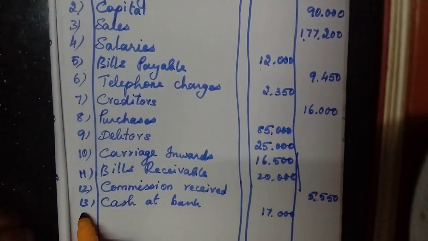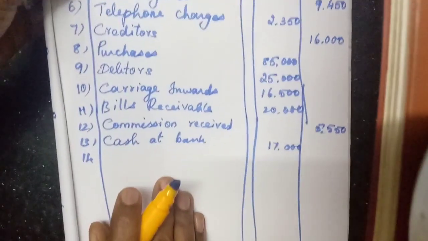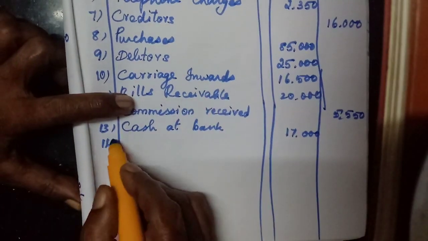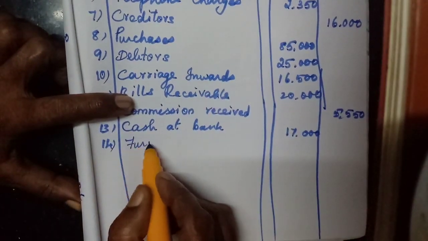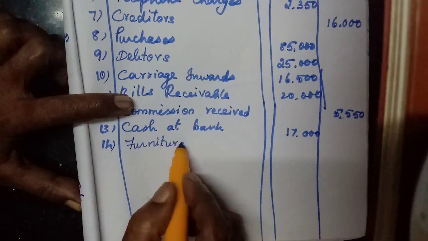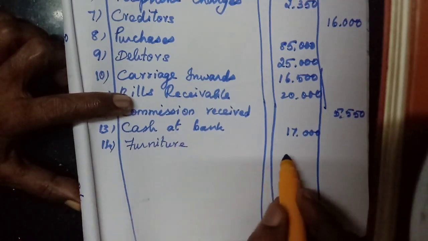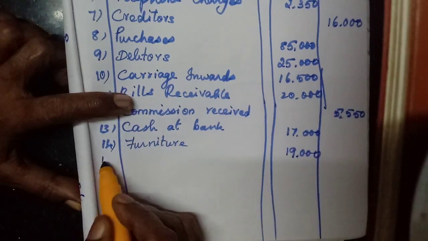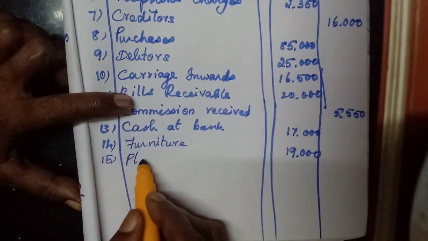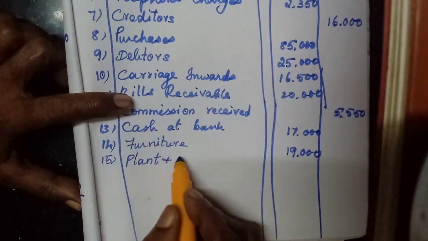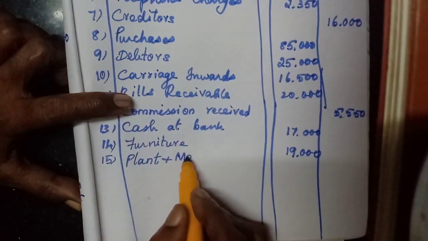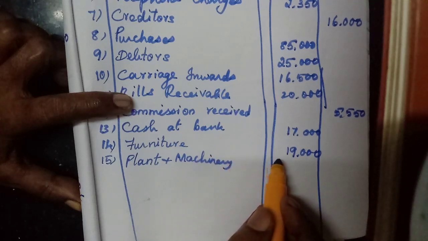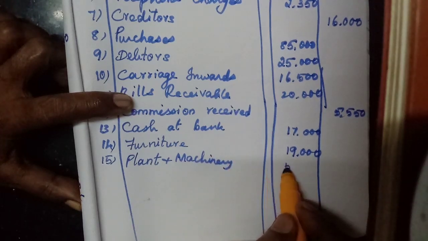Furniture. Furniture is an asset, so debit 19,000. Plant and machinery. That is also a fixed asset. Plant and machinery, 55,800.